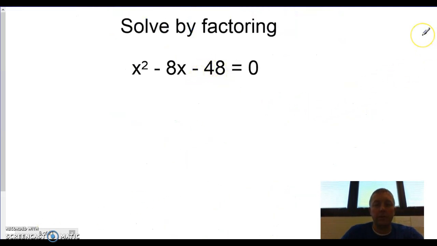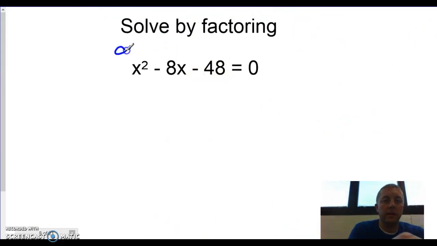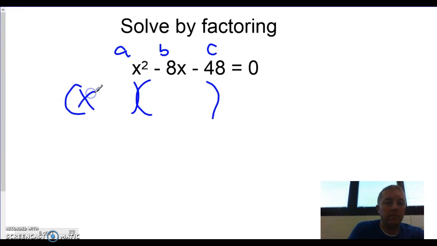Okay, so now let's start from the beginning here. We've got our trinomial. In this case, the a value is 1, b value is -8, c value is -48. If the a value is 1, we're going to factor. Start each binomial with an x term. Okay, our c value is negative.